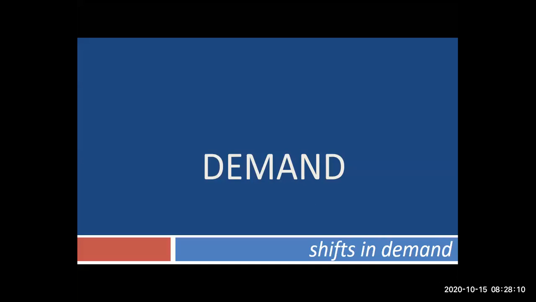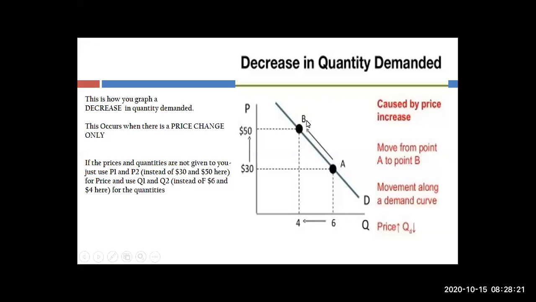What we're doing here is we are going to shift demand curves. Previously we were graphing the demand curves and moving along the demand curve, just one curve, with price going up or down. So in the first slide here, this is talking about a decrease in the quantity demanded.